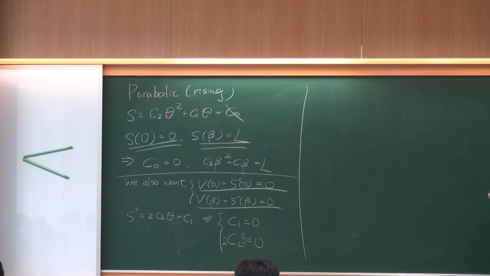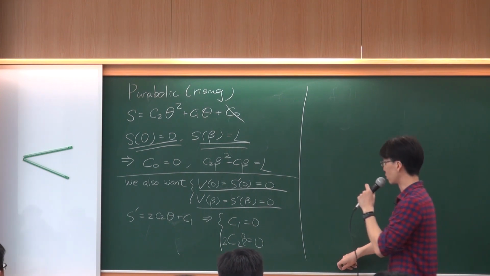So it's not solvable. There's no solution that's going to satisfy all the conditions. That means we need to add one more unknown to these equations in order to satisfy these four conditions.